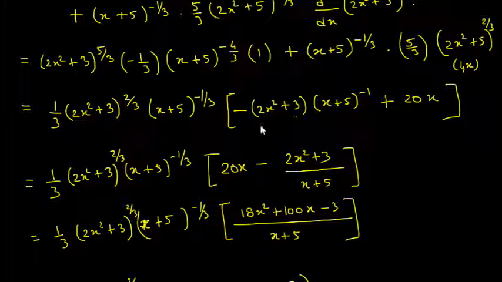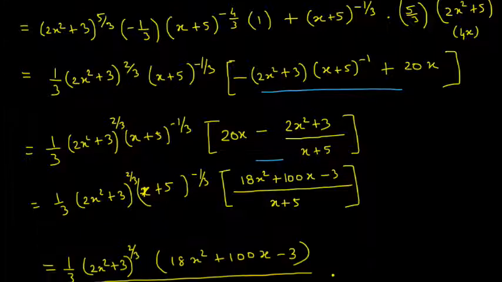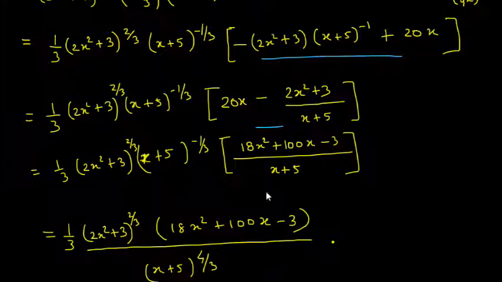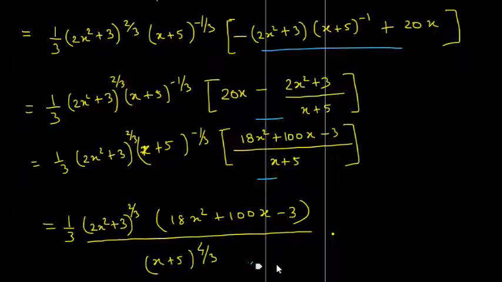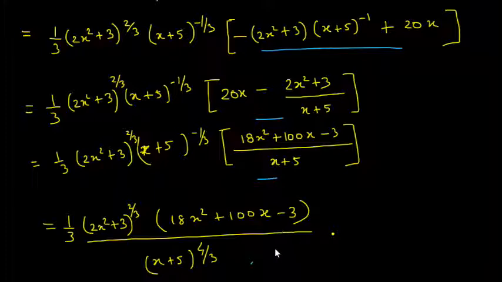So this expression came out of this. We take common, and upon solving, again we get the next step. Upon solving, we get this step, and lastly upon solving we get this one. Upon solving, we get the last step. Let us see the next question.